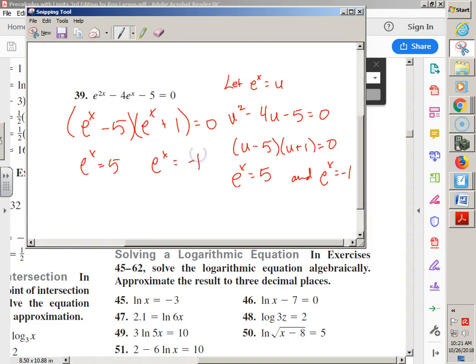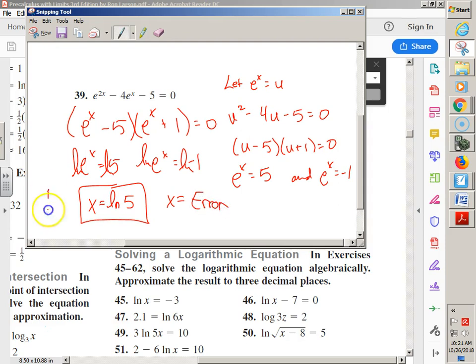So what do you have to do to both sides? And when you do ln of 5, we're good, because that's a real number. 5 is positive. Inside an ln, it's legal. But when we do ln of negative 1, remember, ln's only go to 0 and don't even hit that.